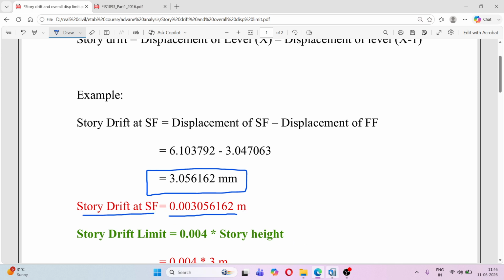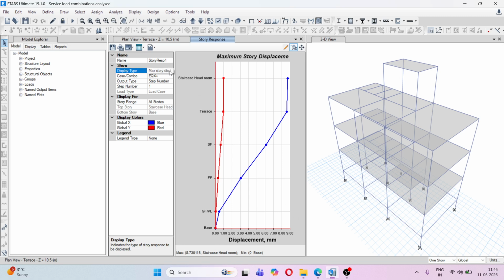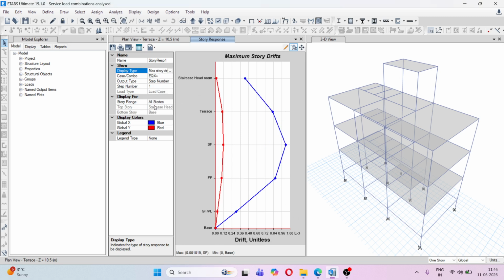Okay, but if you see in ETABS max story drift, this value is different because this is not story drift, it is the story drift ratio.